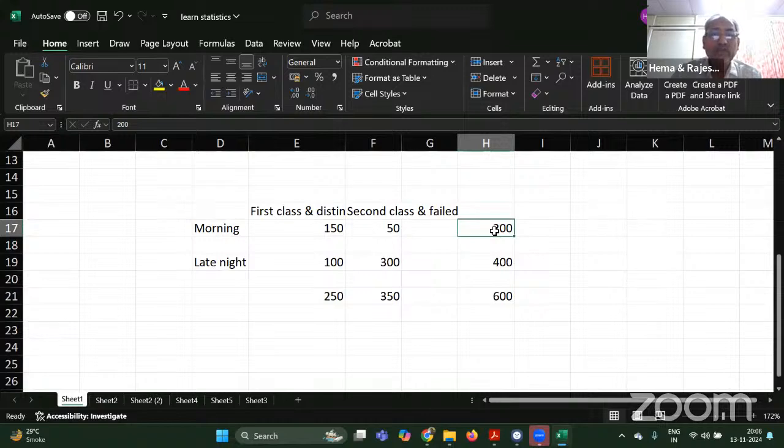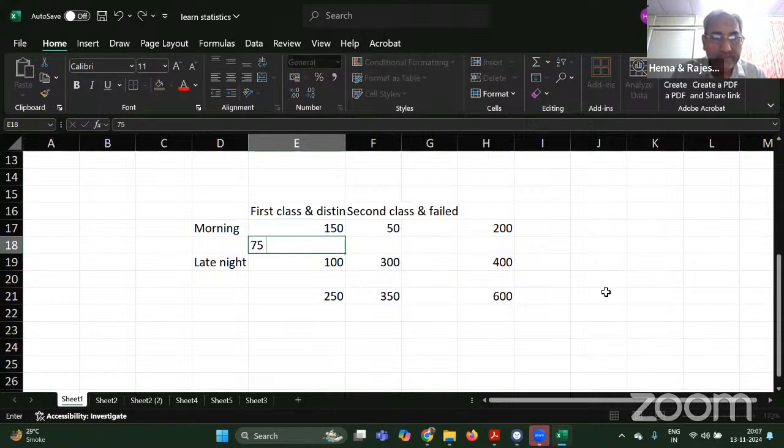Out of 200, 150 are getting, so that is 75%. Remember, in chi-square test, we are using absolute number, and in standard error of difference between two proportions, we are using percentage. It's because of the proportion.